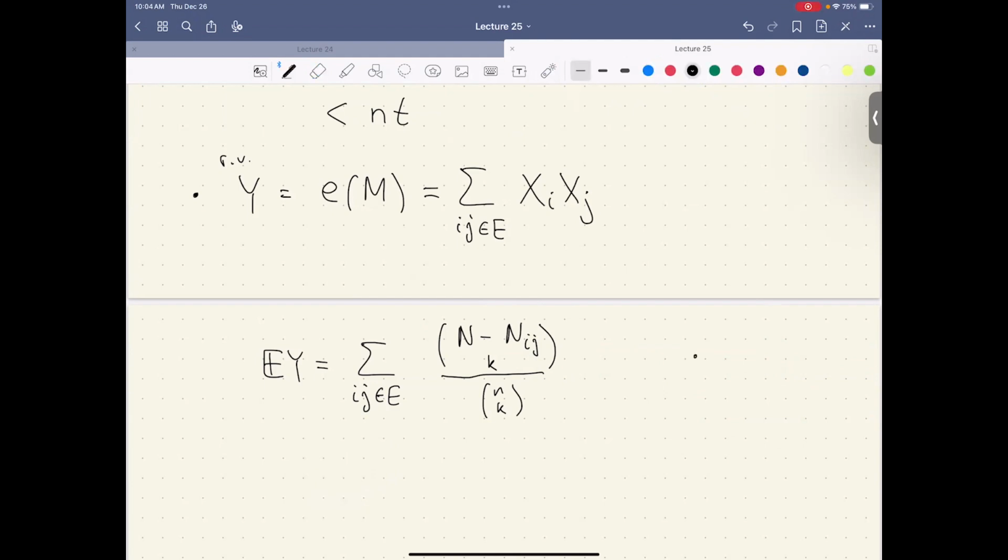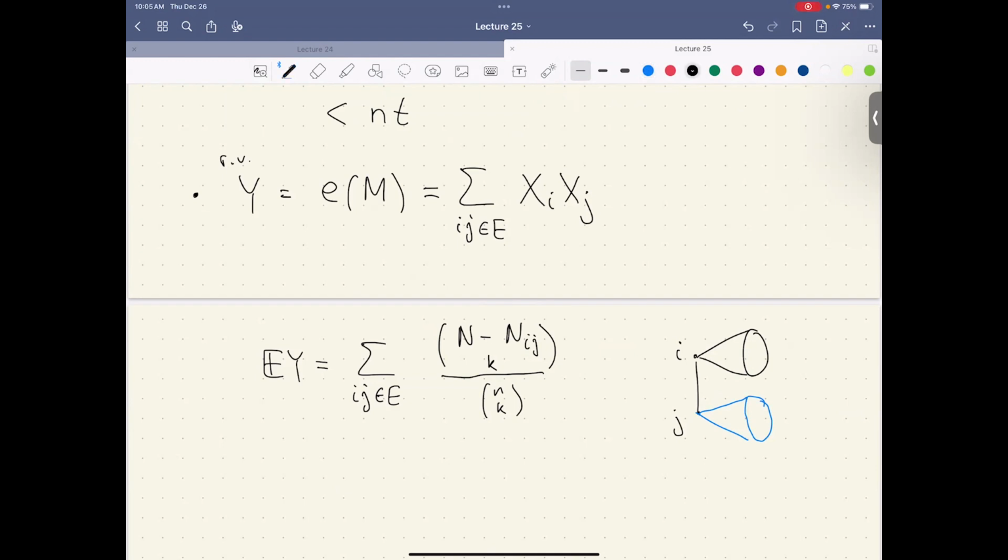So let me draw this. We sum over ij, its neighborhood, and maybe there's overlap, I don't know. Oh, but this is triangle free. This is not overlapping, right?